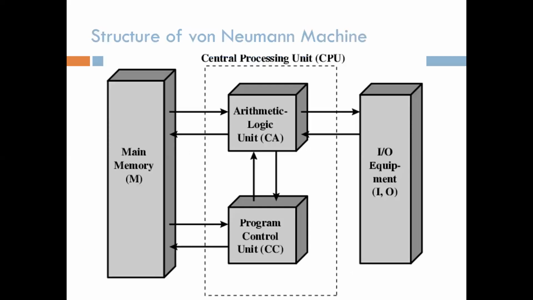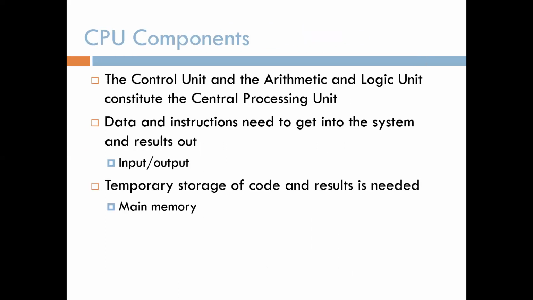So these are the main components of the von Neumann machine, and it's really the building blocks of your CPU components. The CPU components are the control unit and the arithmetic logic unit, and they make up the main parts of the CPU. Also associated with that would be data and instructions, and they would need to get in and out of the CPU via some sort of input-output mechanism.